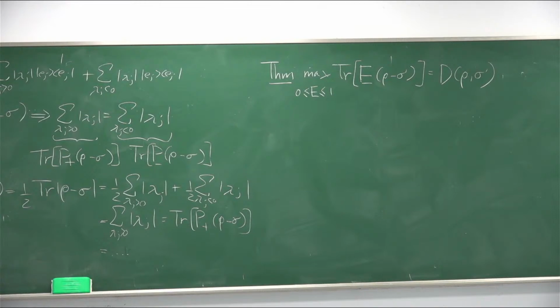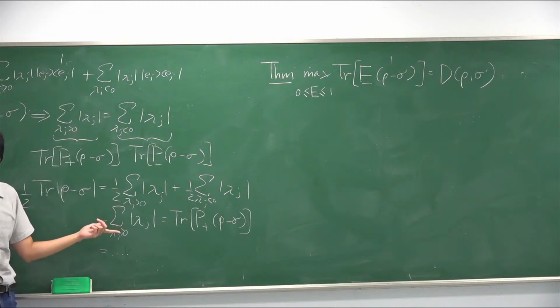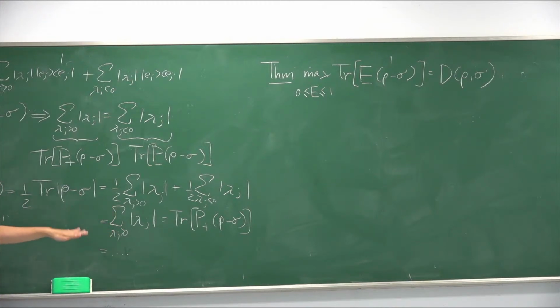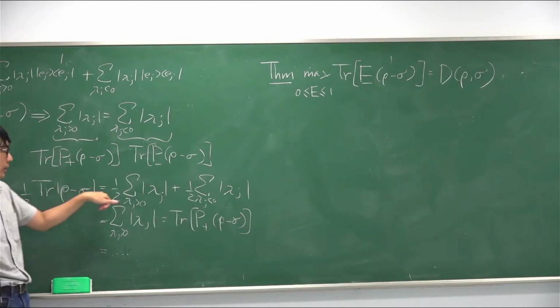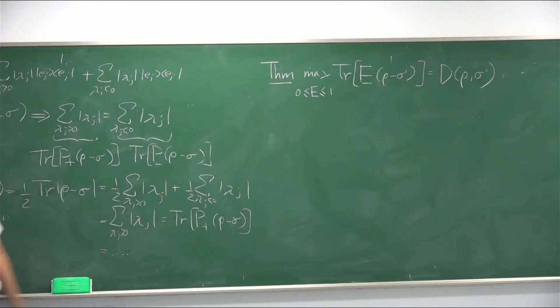Same with P minus here. So with all of this prep work, we can write the trace distance in terms of the eigenvalues alone, either the positive ones or negative ones. And you can see this 1/2 is nice because now I can just combine these two together.